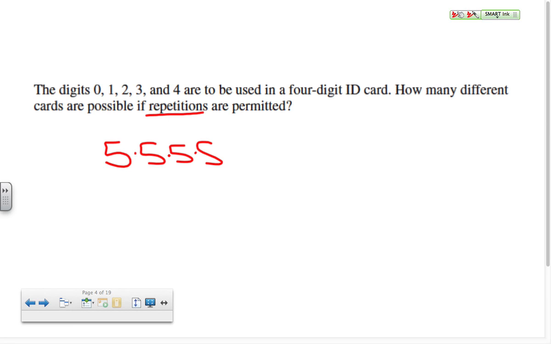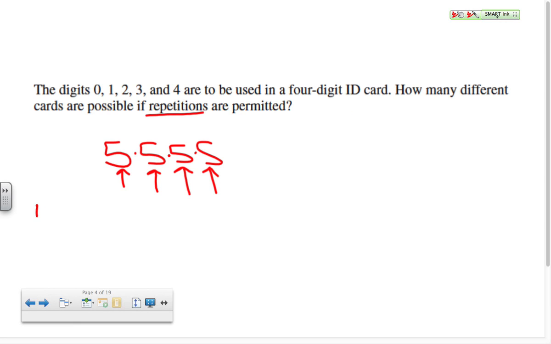But it's 5 actual digits. Yes, but it's a 4-digit ID, like a PIN number.